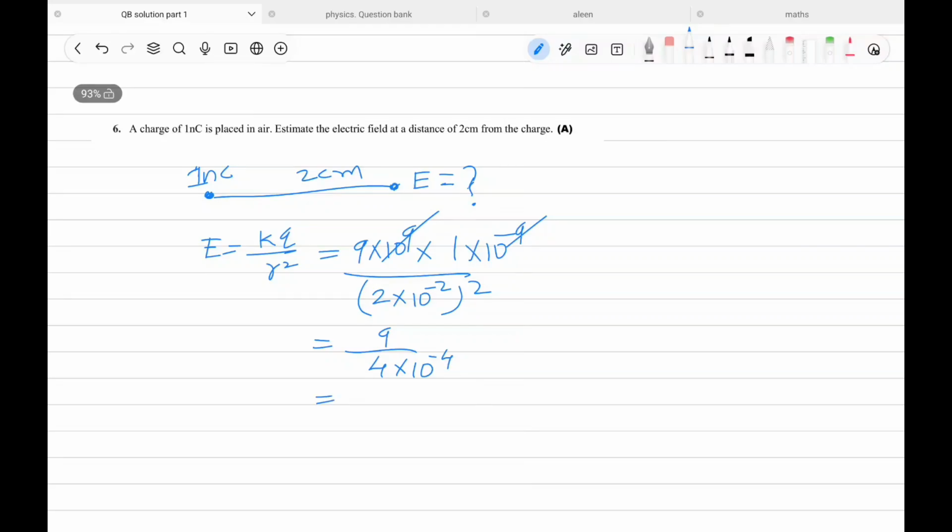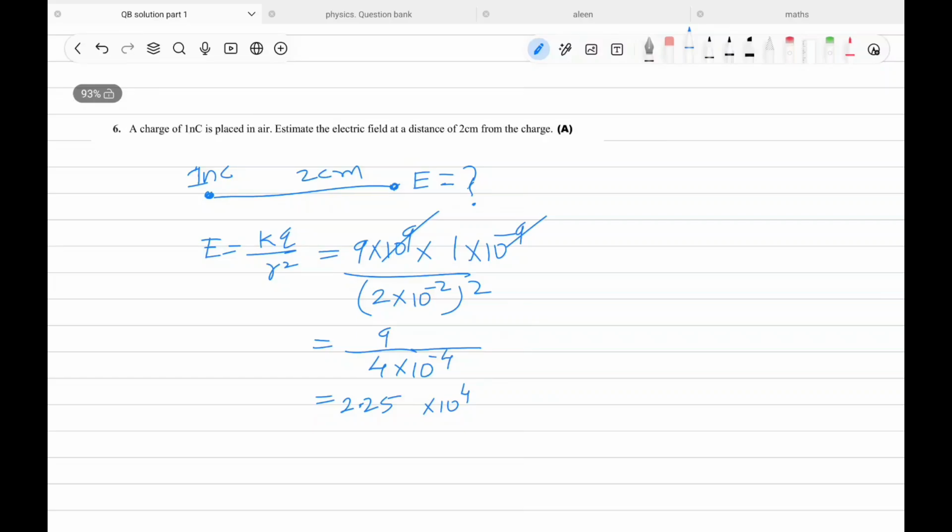Minus 4 goes to the upper side and it becomes 10 to the power plus 4. 9 divided by 4 becomes how much? 2.25.